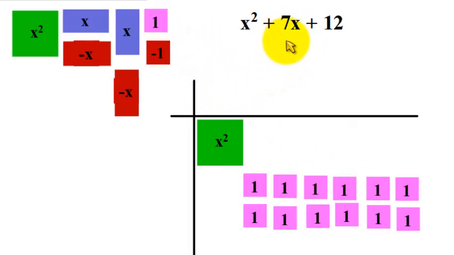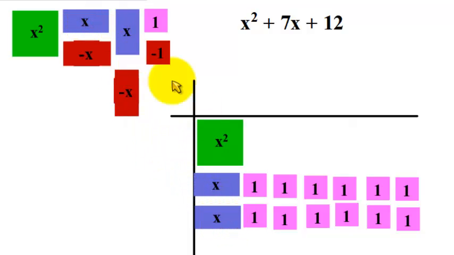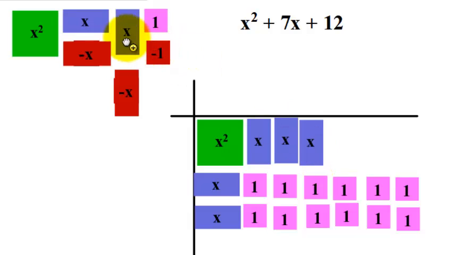Now I have here 7x, so we don't know which x tiles we are going to use. We can either use this or this. I'll just drag two x's here for the meantime, and then 1, 2, 3, 6, 7. So I have 7 x's all in all. The result is not a rectangle, so I need to rearrange my tiles so that I can form a rectangle.